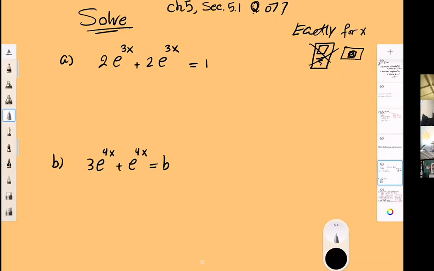I know it looks kind of scary, but you should be happy that you're able to solve a question like this. We are not dealing with the linear. We're not dealing with the quadratic equation. We're dealing with exponential. So you learn techniques to solve the exponential equation.